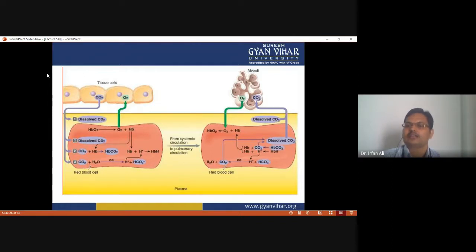The carbon dioxide bound with the hemoglobin is again converted into Hb plus CO2, and this carbon dioxide can diffuse into the alveoli. Now this free hemoglobin binds with oxygen, and in this way it transports oxygen toward the cells. Okay, so this figure shows what happens at the site of alveoli and what happens at the site of tissue.